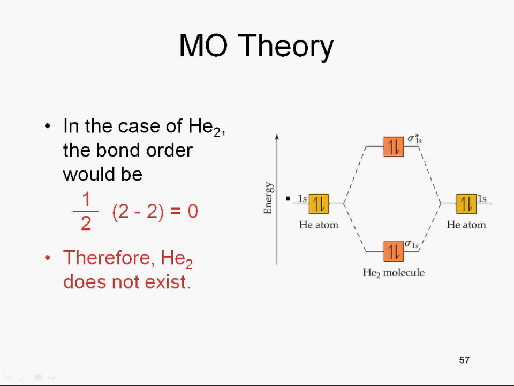In the case of helium 2, which looks weird up there, it doesn't form at all. If you put 2 electrons from helium and 2 more electrons from helium, the first 2 would go down here, and the next 2 would go here, and there'd be 2 bonding electrons and 2 anti-bonding electrons, and that suggests a bond order of 0.